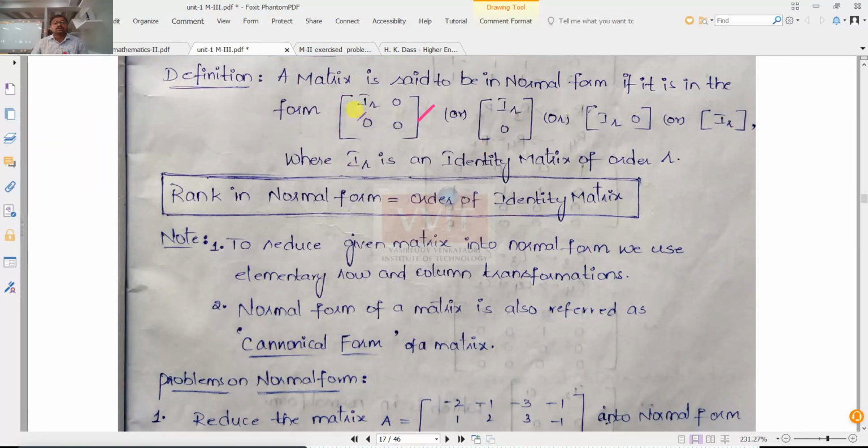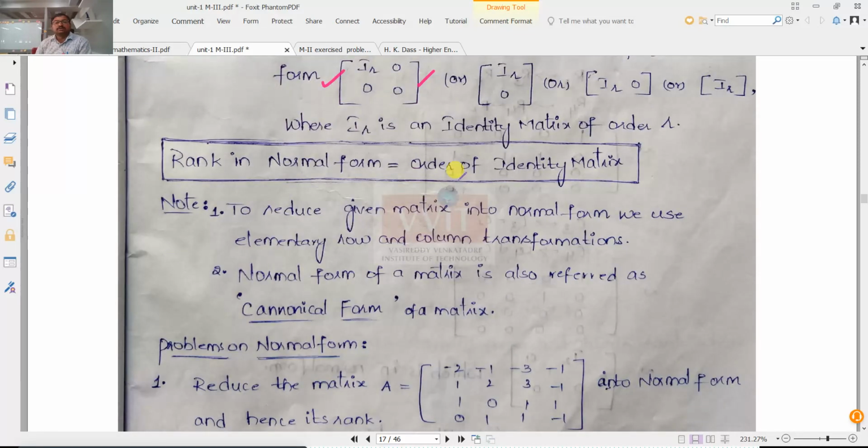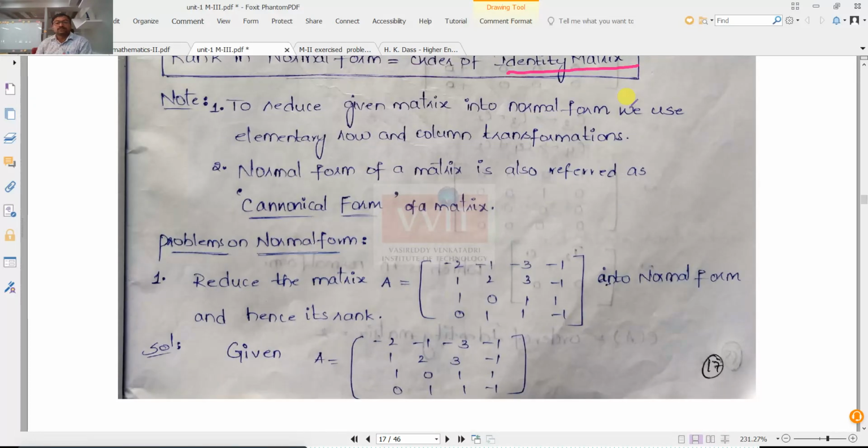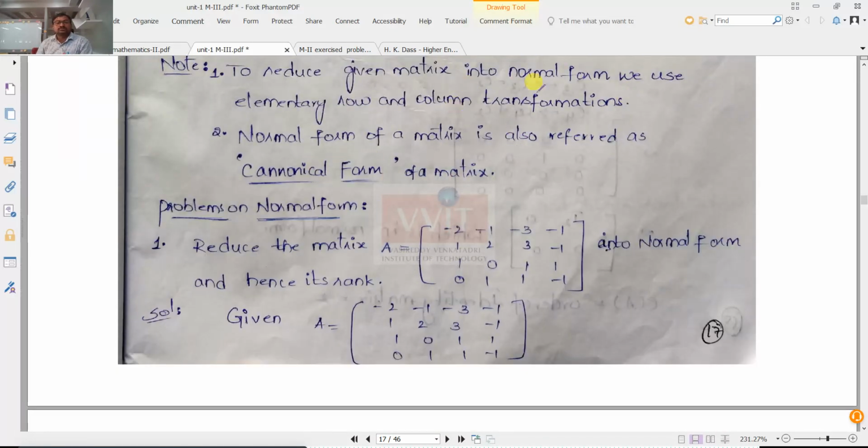Generally the known tradition is this, so that's the reason I usually prefer this one. Please kindly prefer this one only. Where Ir is an identity matrix of order r, so the rank of the normal form is the order of the identity matrix. That's what we discussed. So to reduce the given matrix into normal form, we need to use elementary row and column operations.